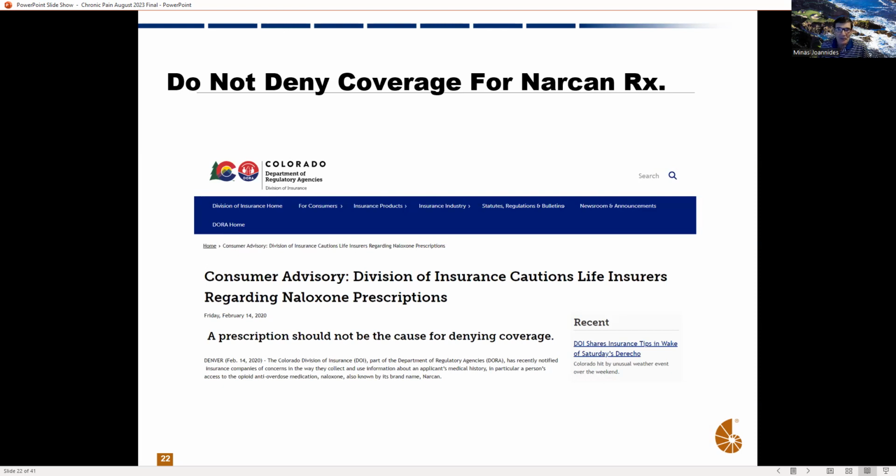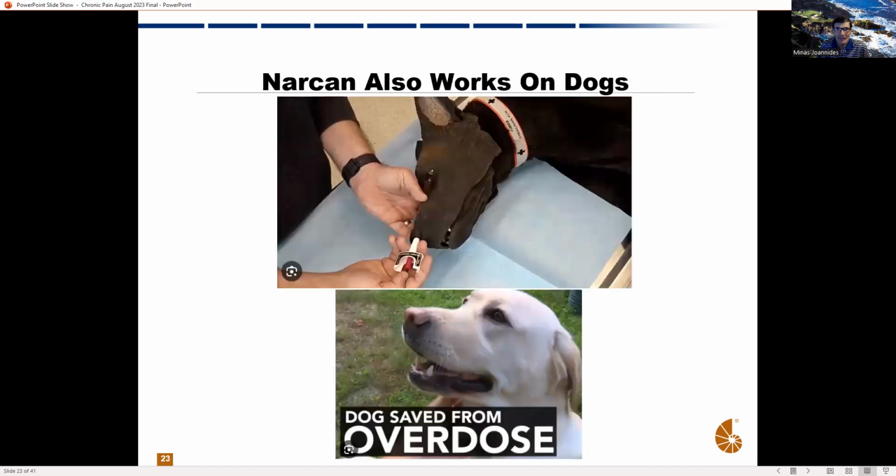So it's completely safe. You don't have to go digging around in their past history, see if they've abused drugs in the past. So Narcan is acceptable and should not be considered in any way a negative for somebody's application.